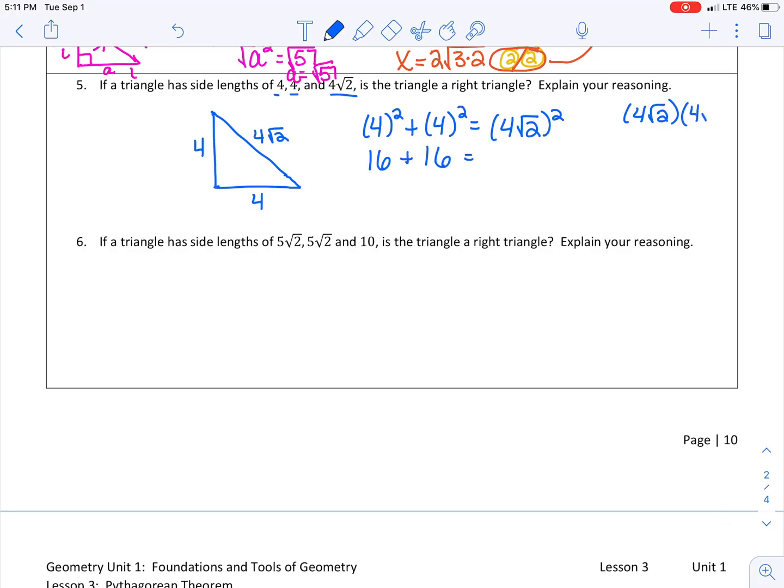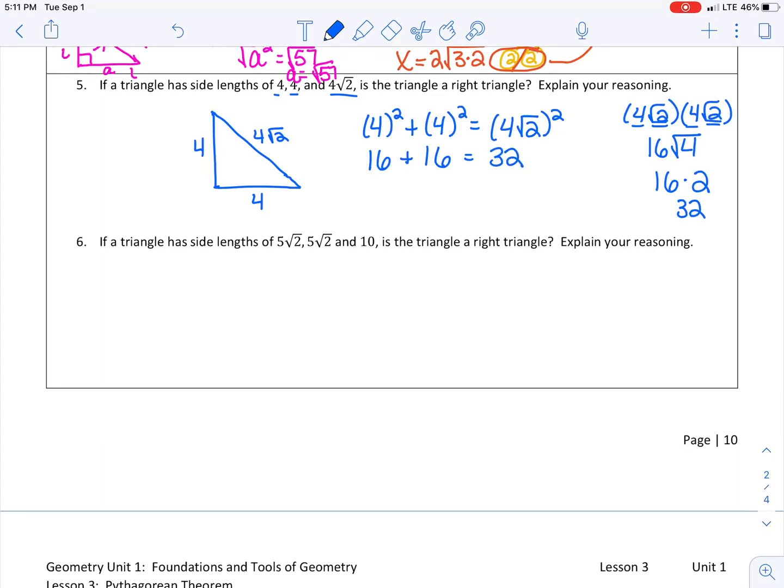So we're just going to multiply them together and see what that gives us. 4 times 4 is 16. Then underneath our radical, we have 2 times 2, which is 4. And 4 is a perfect square, so that ends up being 16 times 2, which gives us 32.